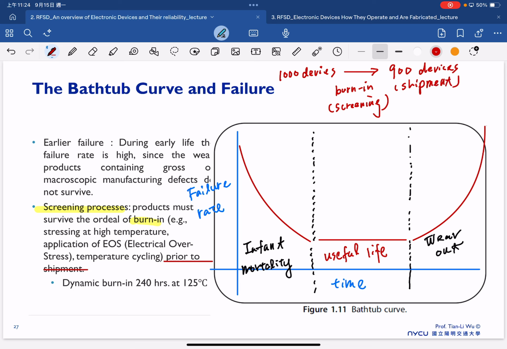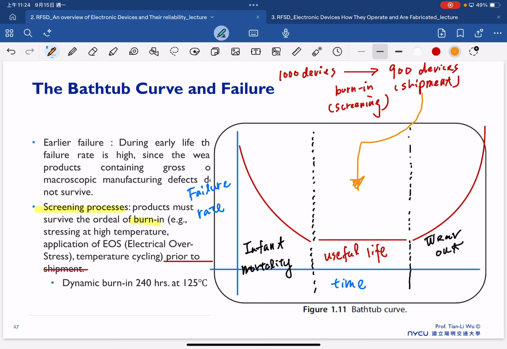Then this product will start in the phase of the useful life here. That means 100 devices are suffering from early failure.